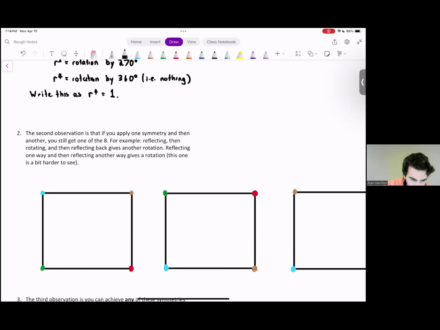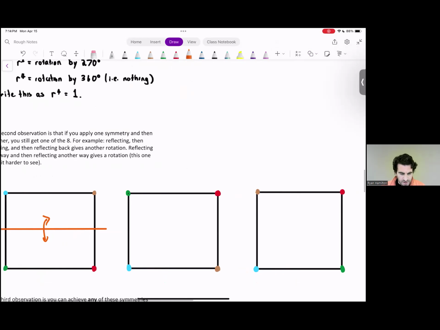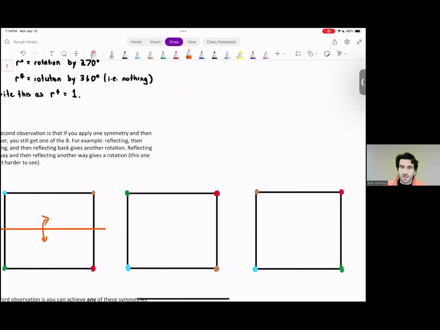So the first is the reflection over the horizontal, this one. Okay. And then the second one is going to be the reflection over the second diagonal, which is this one. And it gives us the box on the right.